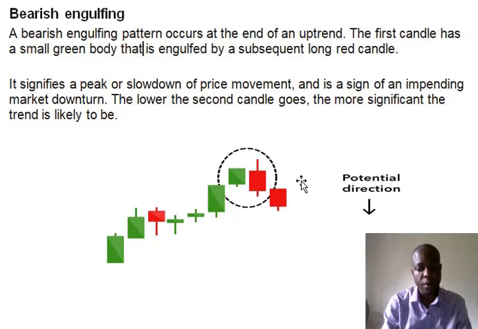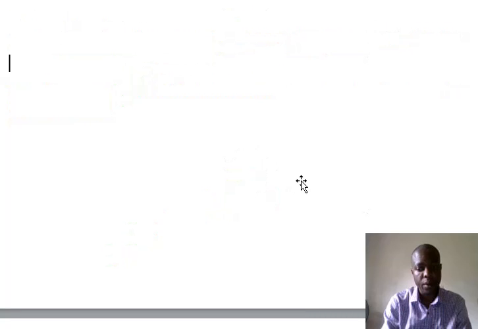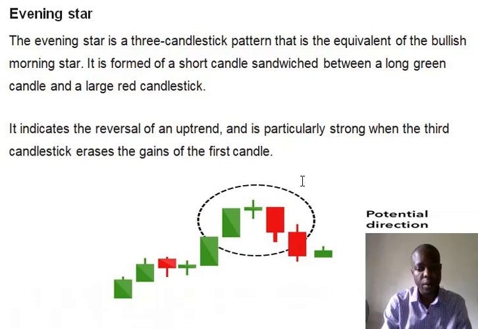So the next bearish pattern now, we have the evening star. The evening star is a 3 candlestick pattern, as you can see. The other time we discussed the morning star, but now we have the evening star.